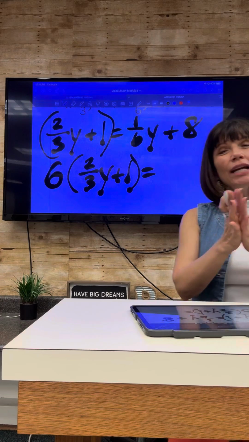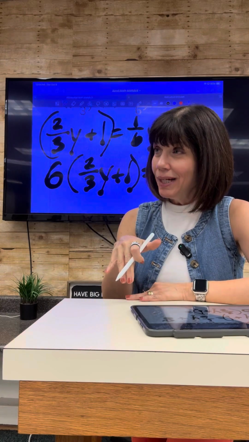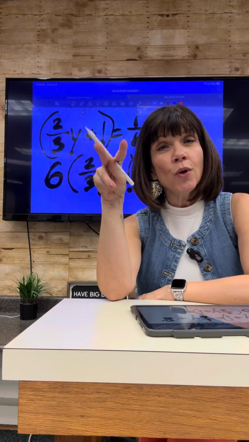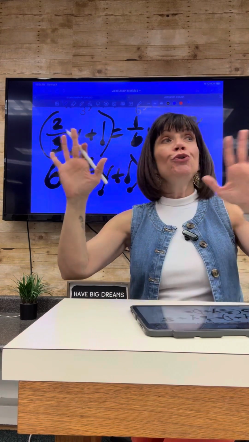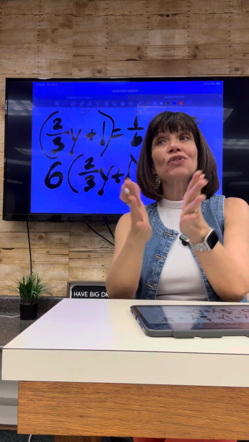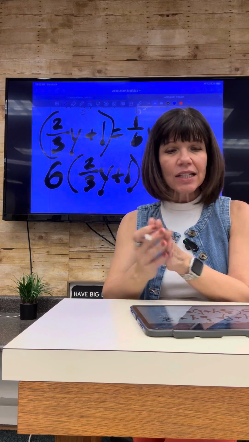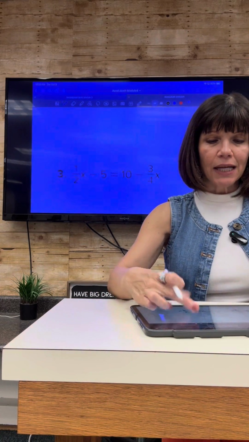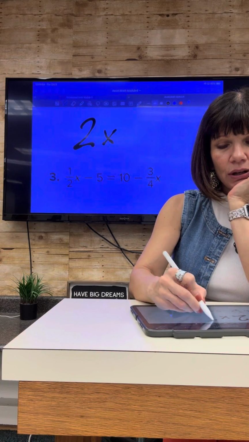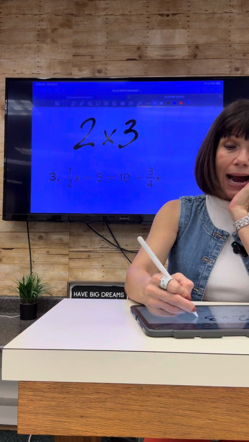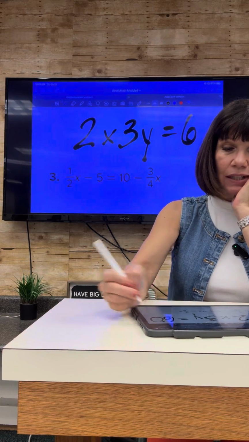Equaling, now, here's a mathematical rule. It's the multiplication rule. If you multiply two amounts by the same number, your y value will still come to the same answer. Do you get what I'm saying? It's kind of like if I were multiplying, let's say, 2 plus 3y, and let's say that equaled, I don't know, 60.